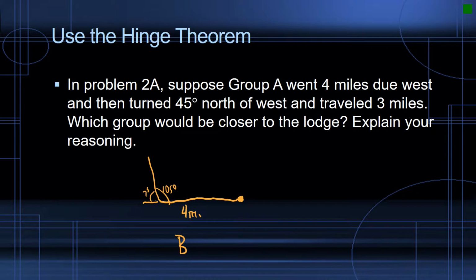Group A took a different path than before, but they traveled 4 miles due west, just like group B did, except that they turned north 45 degrees. So their turn was 45 degrees. Okay, and they also went 3 miles.